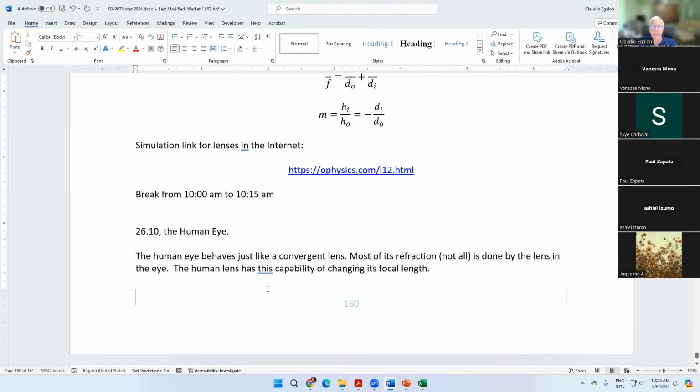And then the human lens has the capability of changing its focal length.